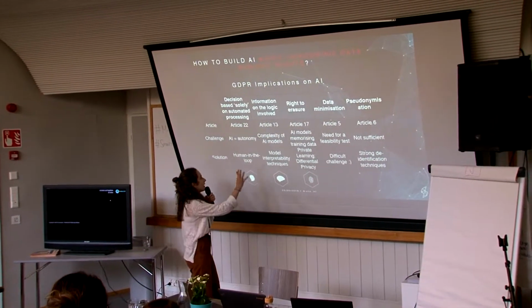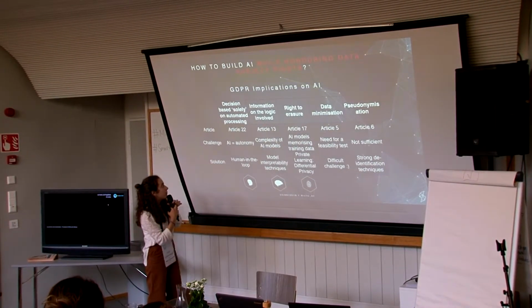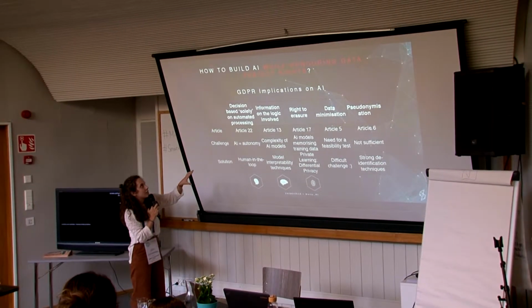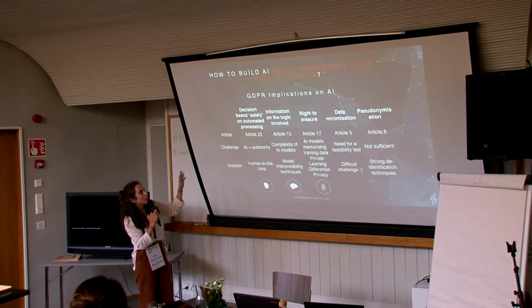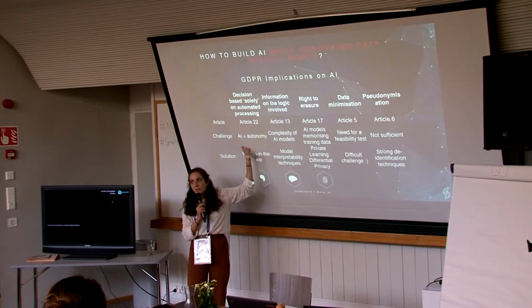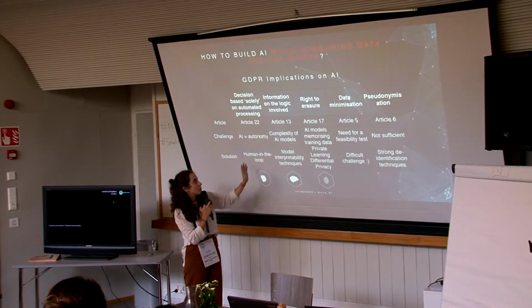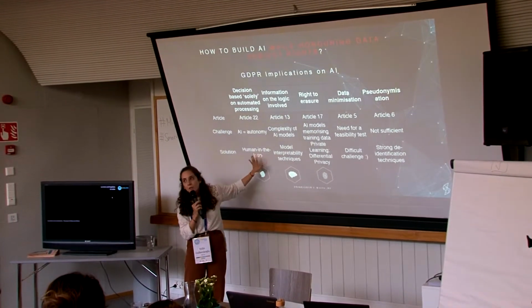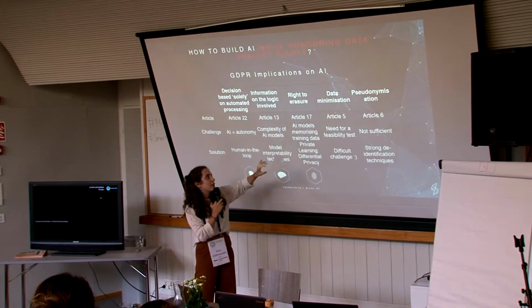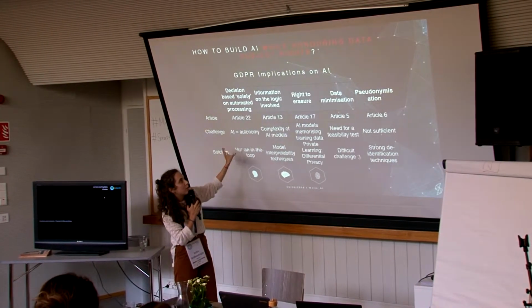So here are my solutions to the challenges. One challenge is decisions based solely on automated processing, where we have the wrong perception that AI equals autonomy. My solution to that is to have a human in the loop. The second one is explaining the logic involved in the AI decision-making process.